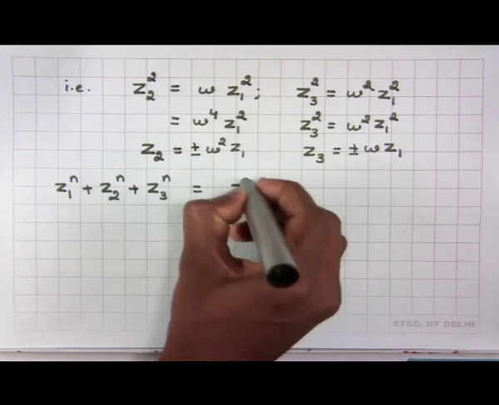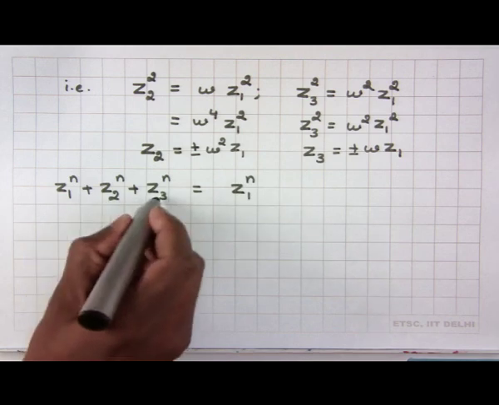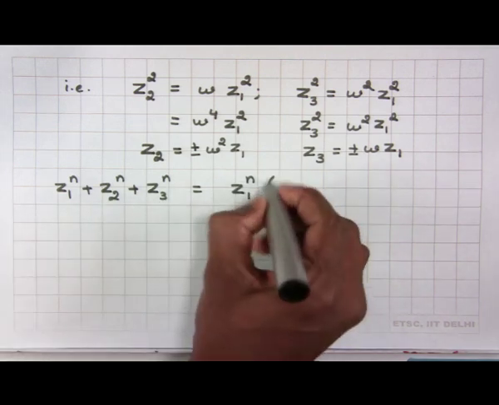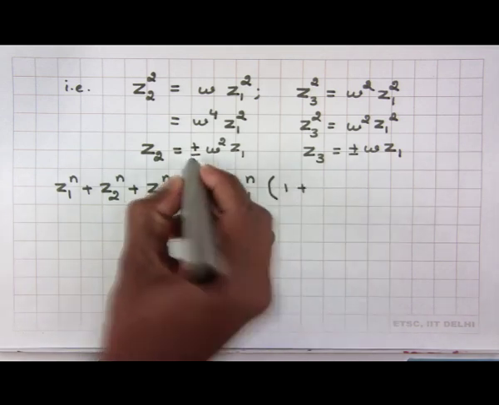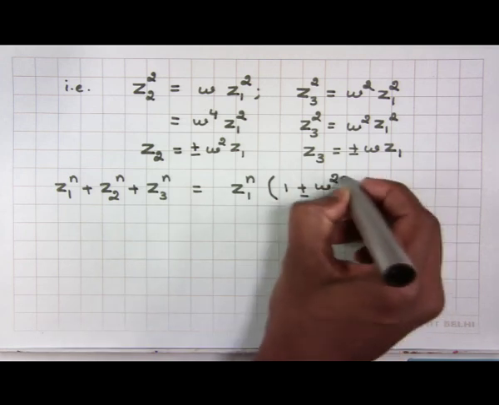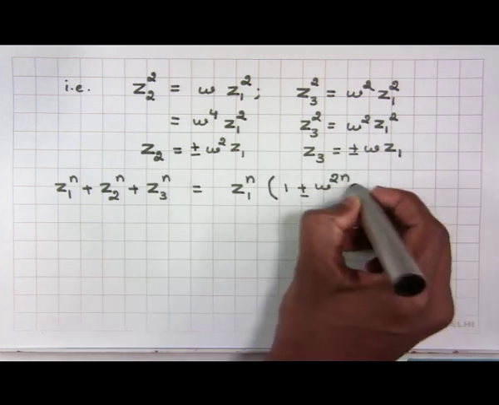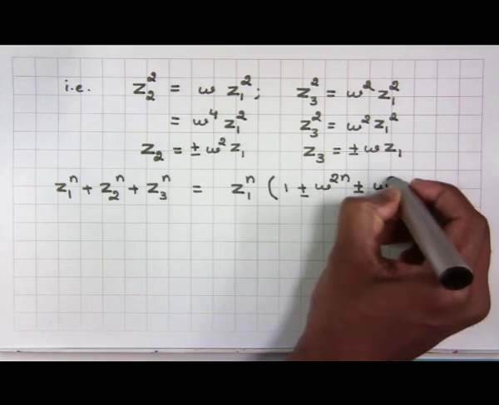Z1 power n can be commonly taken out. So we get 1 plus or minus omega square power n, plus or minus omega power n.